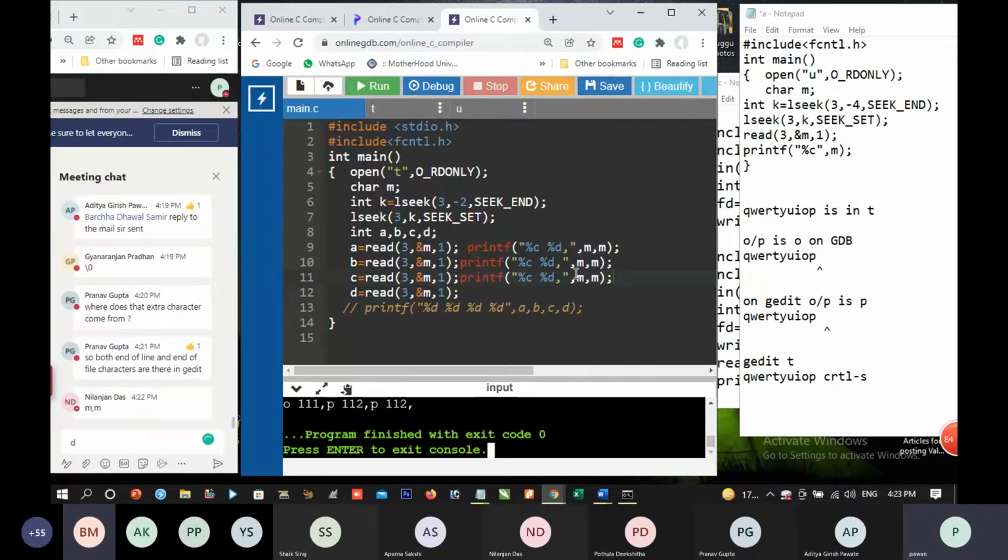But in Unix, the third time P will not be coming. The third time some letter with ASCII code 10 may come in Unix. In Unix, it may be different. The third time it will not come out as a P. It will come out with a letter with ASCII code 10. Is this thing clear to you? Any doubt?